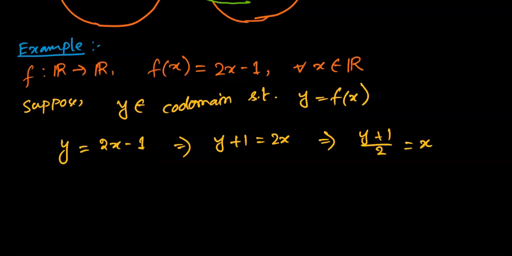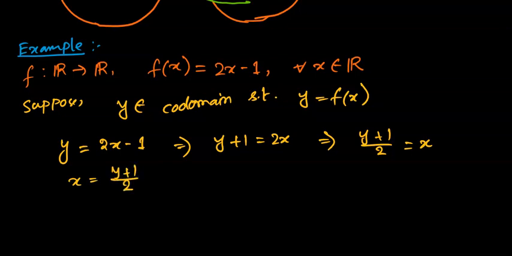We are searching whether this x exists or not. So we assume that y belongs to codomain and this y has a pre-image x. But now we will see whether such x exists or not. So we get x equal to (y plus 1) by 2.